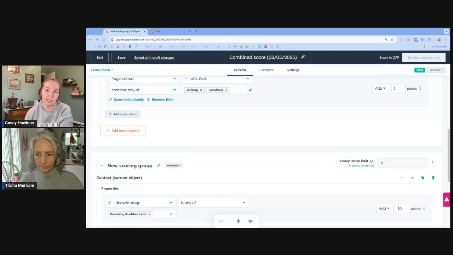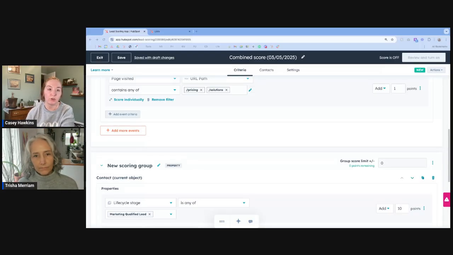But if the company is a lifecycle stage, MQL, SQL, opportunity, and there's a page visit, then add a note to the record, the company, add a task to the assigned rep, and tag them. I think it can be that simple.